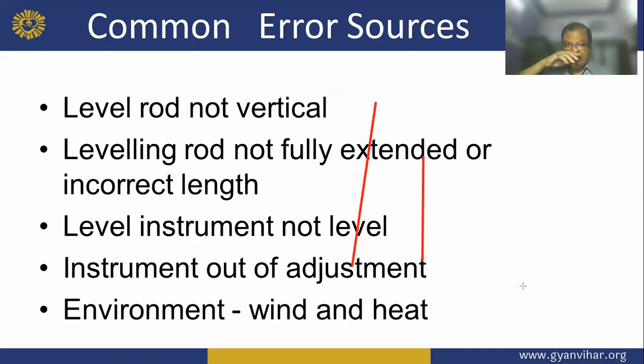Error comes if the level instrument is not level, as with an automatic level. Error if the instrument is out of adjustment. Error from environment, wind and heat. If the wind velocity is high or the heat is high, the capacity of the instrument will not be good.